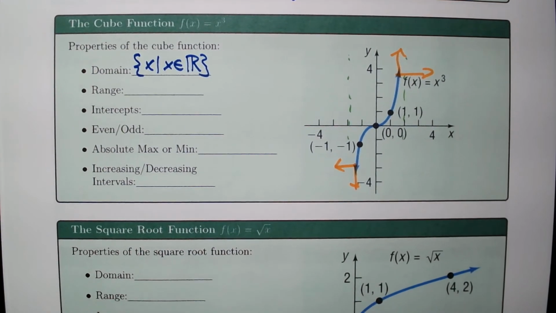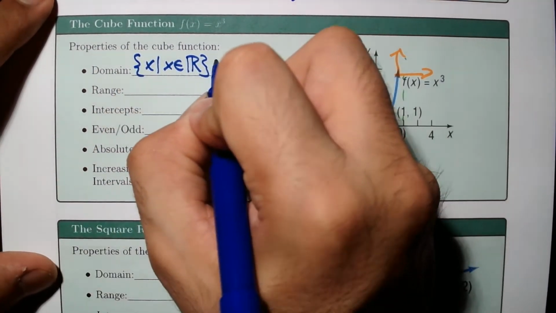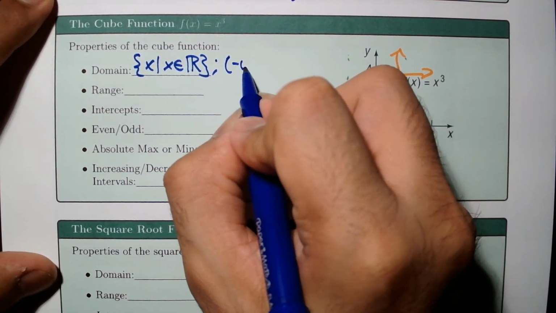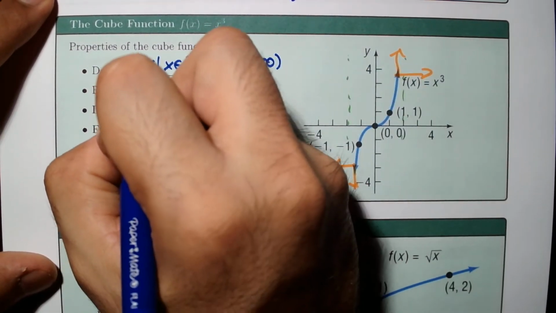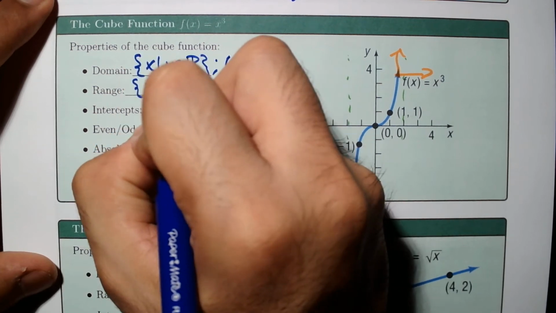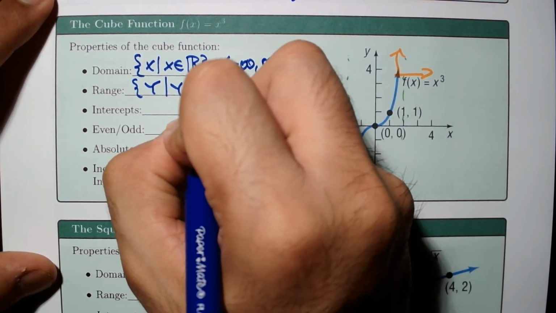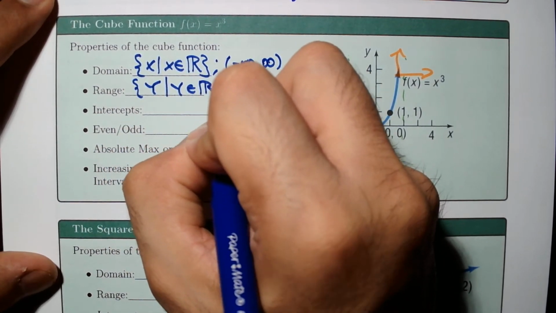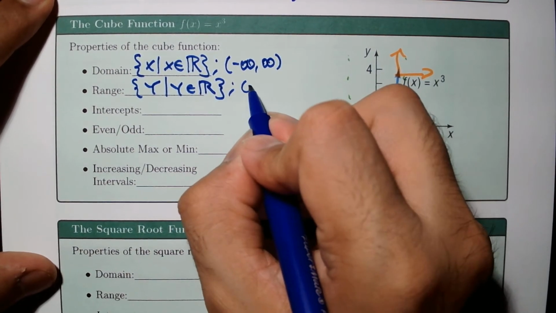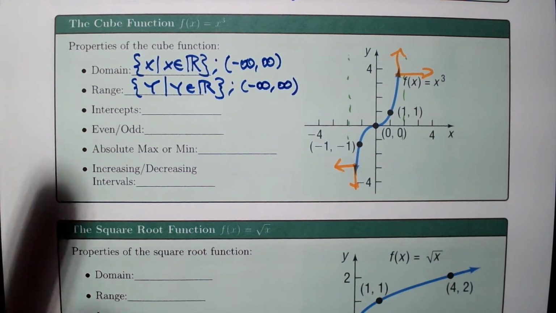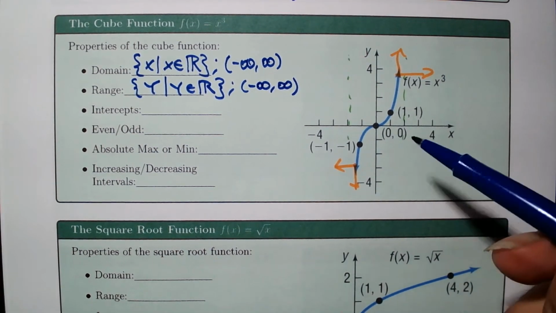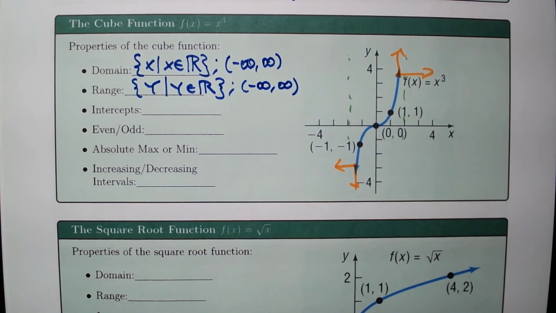Okay, so here I'm going to do the same, let me write this using interval notation: y such that y belongs to the set of all real numbers. Okay, and same interval notation, negative infinity, positive infinity.